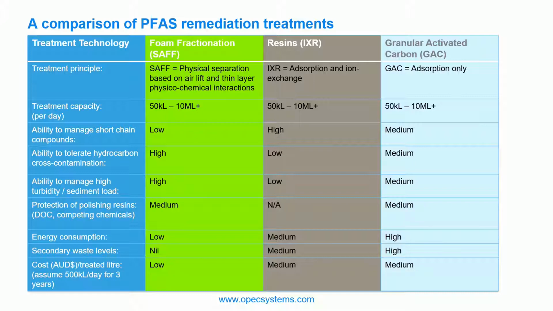Scalability: it's infinitely upscalable. If you imagine what we just saw down there at the Williamstown lab, but the size of a grain silo to treat huge volumes of water, that's entirely feasible. And there is no indication that scaling the process up has any impact on the efficacy of foam fractionation.